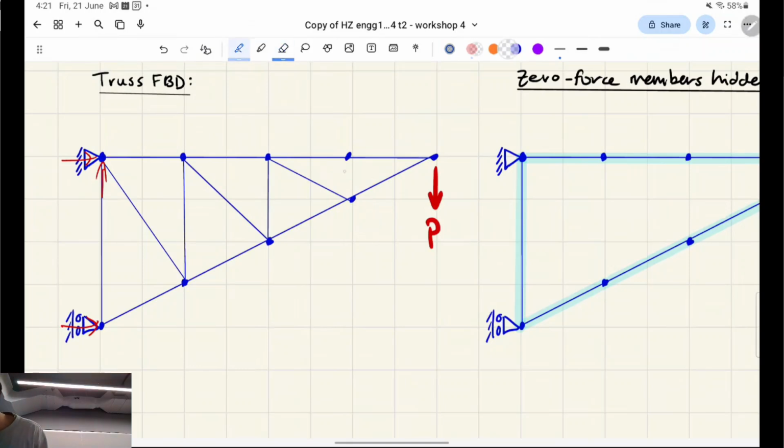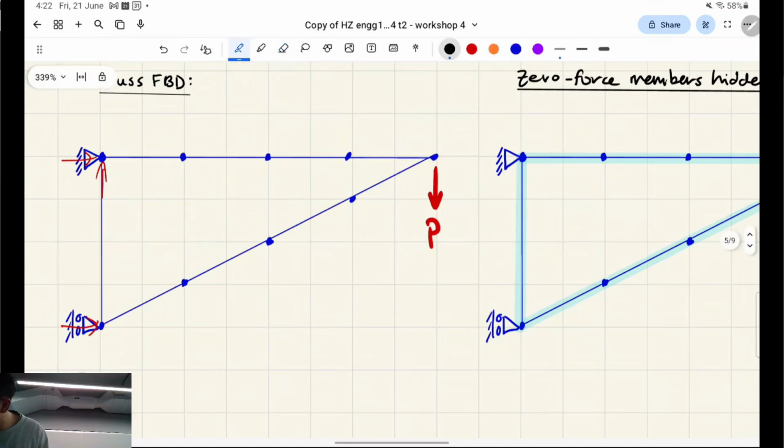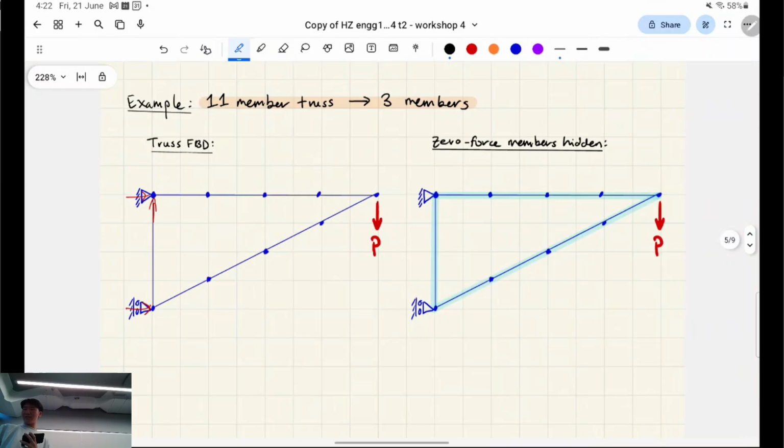So we do the same thing, and we can wipe out that one in terms of our analysis, and we do the same thing, wiping out these members, until we're left with a truss with effectively 3 members that we can easily calculate. So we simplified it down from an 11-member truss to a 3-member truss.